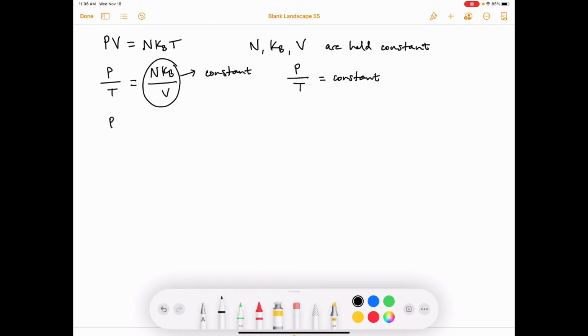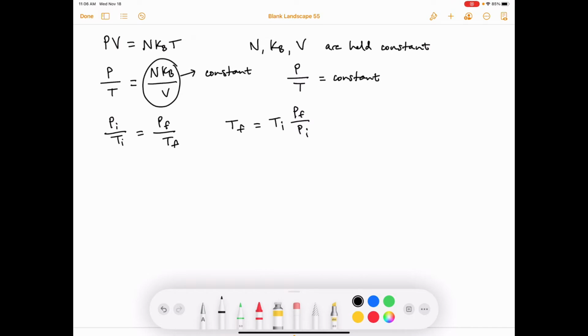So what we can say is P initial divided by T initial equals P final divided by T final. We don't need to know anything about the other variables. And what we want is T final. We want to know what the final temperature is. So if we solve for it, T final equals T initial times P final over P initial.